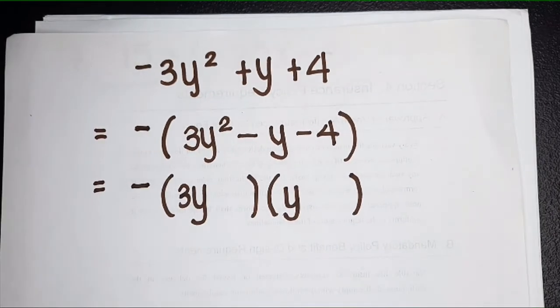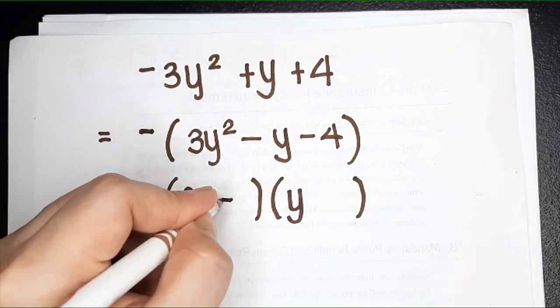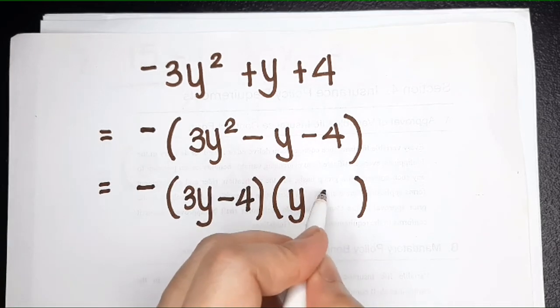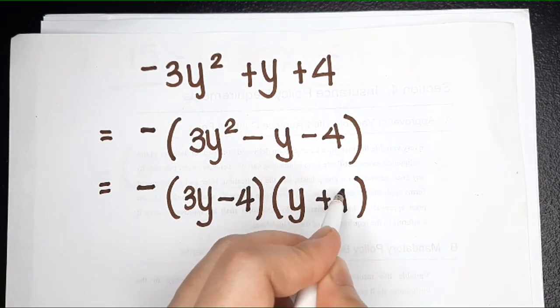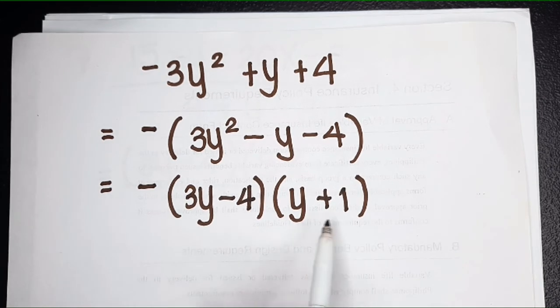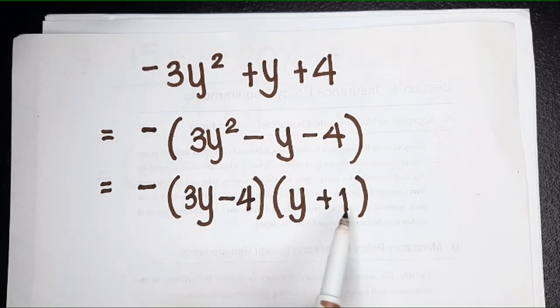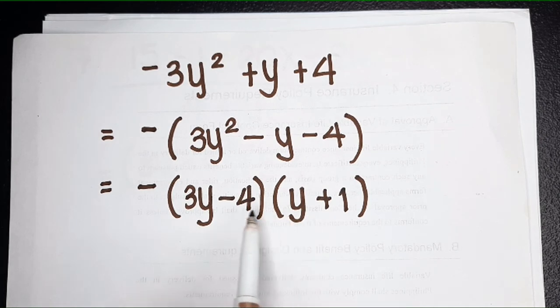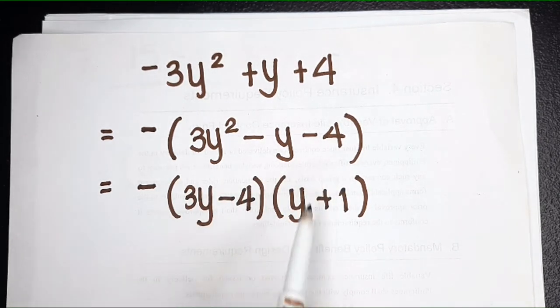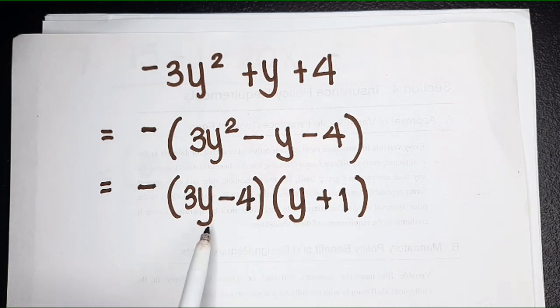So, you may want to try minus 4 here. Mag-work kaya? If this is minus 4, yes. Lagay nyo dito plus 1. Okay? And then, you check. You may want to verify using the FOIL method. And the answer will be this one. Okay? So, these are the factors of the denominator.